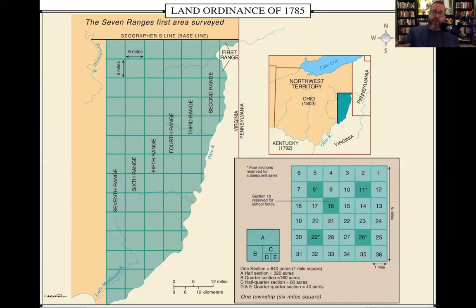And others could purchase these for a nominal fee, and that would generate some revenue for the federal government. Again, remember, the federal government can't raise taxes, so these land ordinances that are sold are going to provide some structure and revenue for westward expansion.